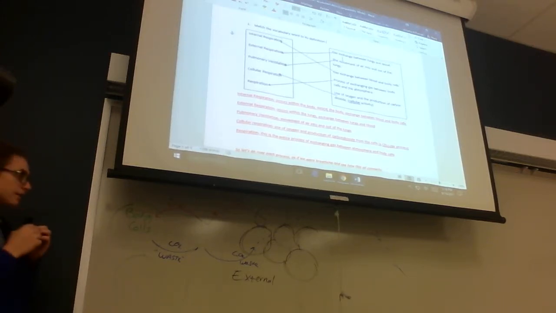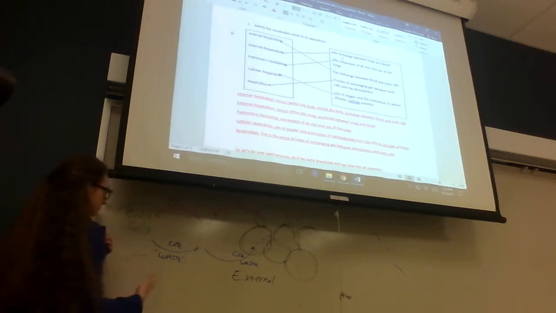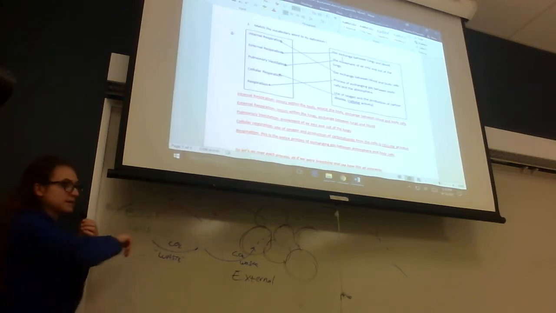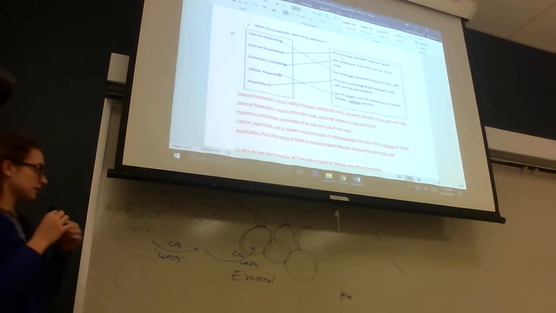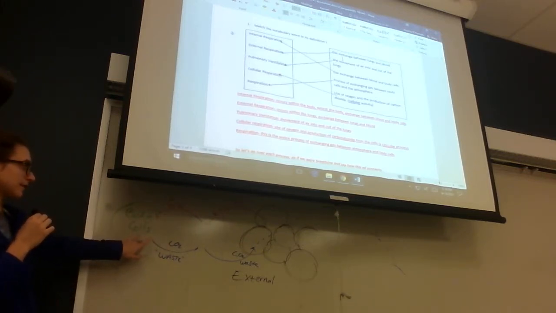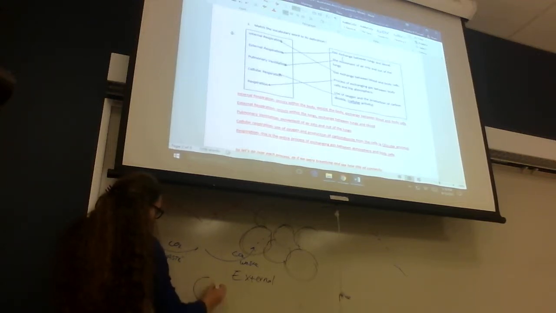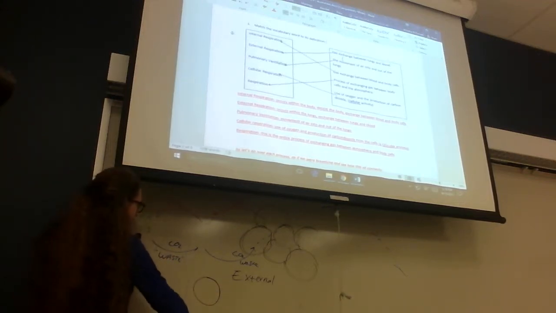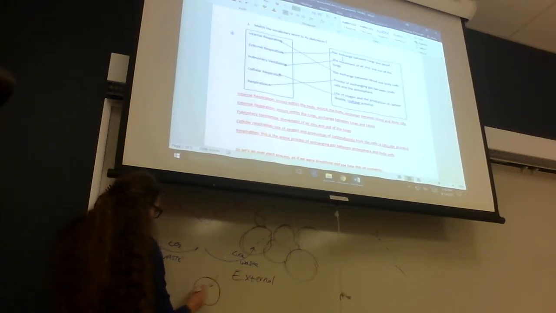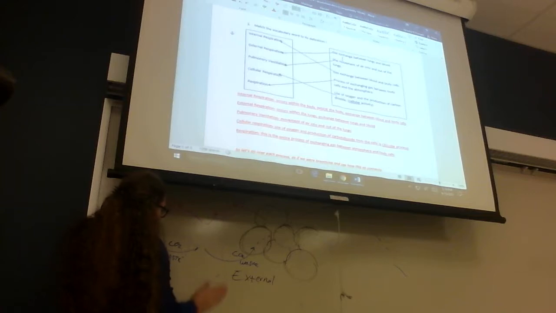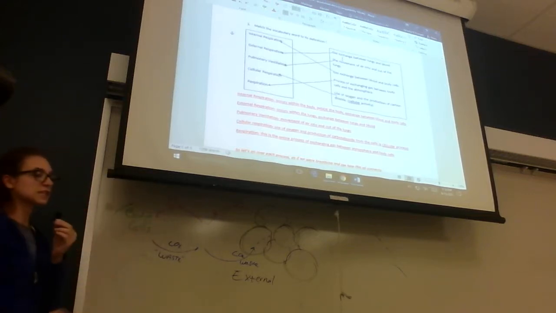So that could be just with your cells. Your cells are breathing, kind of like how we breathe. Same thing with this kind of process. But this is internal respiration because it has to do with your body cells. I guess with cellular, we can do a red blood cell. So your red blood cell breathes in oxygen, and actually, no, that's not accurate. You'll know why later. But yeah, so cellular is your cells breathing.